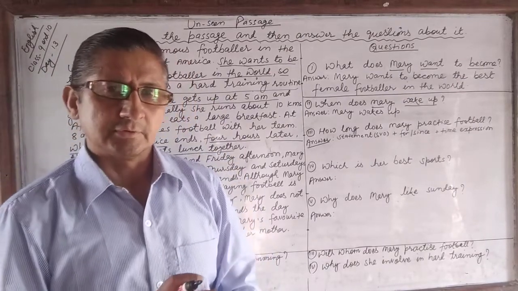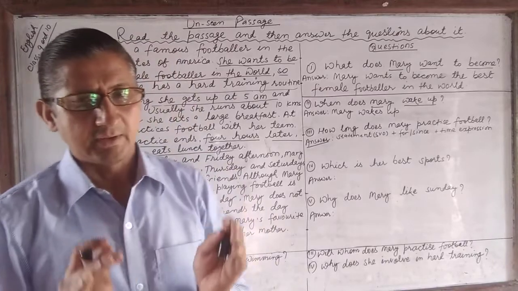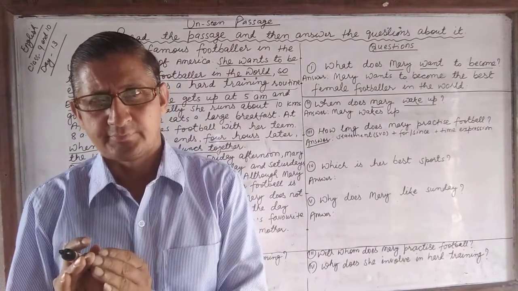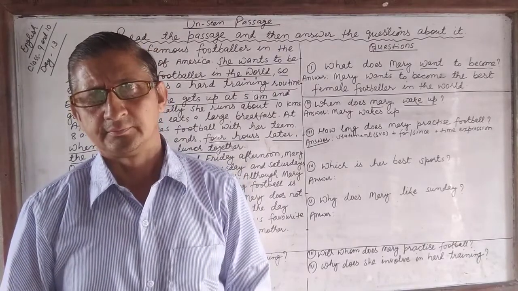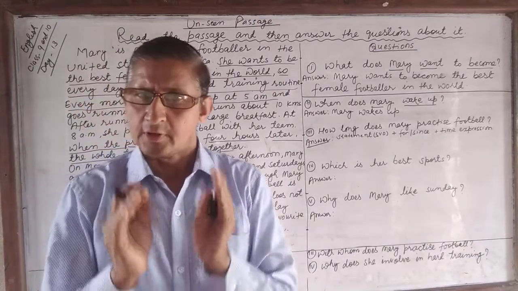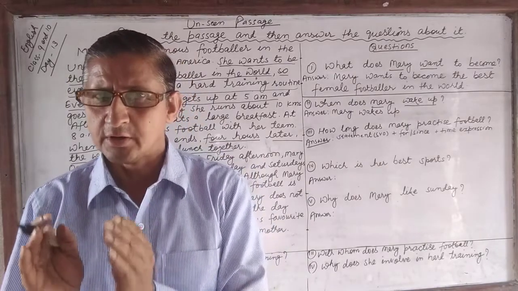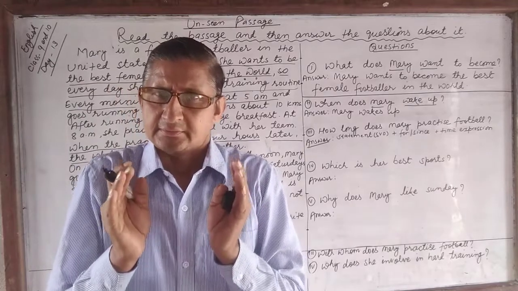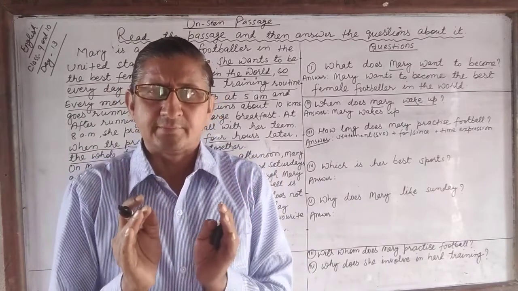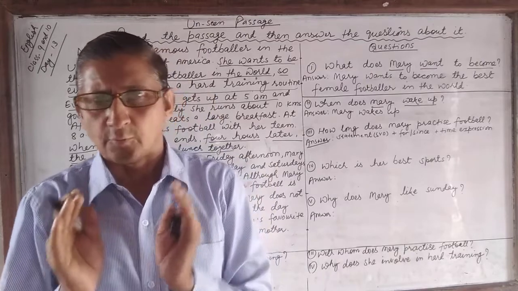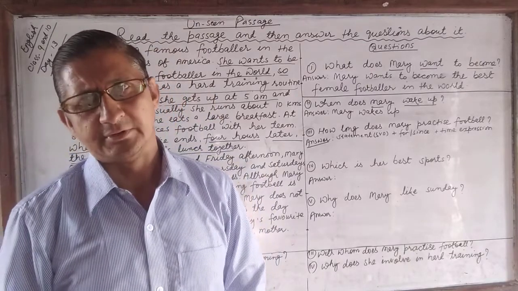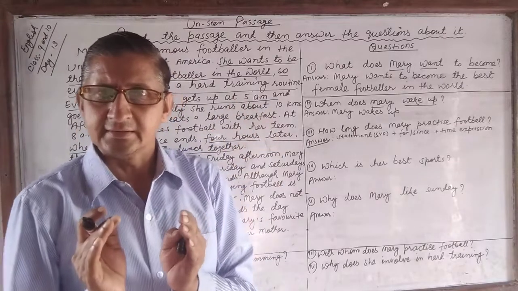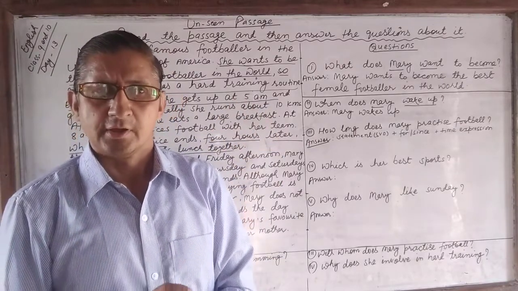One thing you have to remember, the answer of when question can be time or a time expression. The adverb of time tells us when an action happened. So at 5 a.m. is the time.